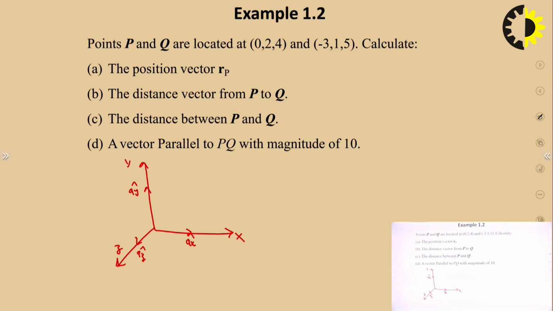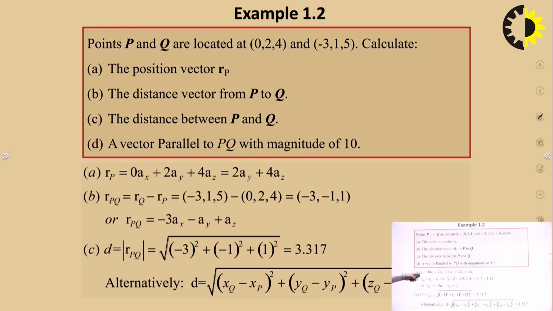So what is the point P in the direction of RP? How do we calculate it? RP is 0 into ax plus 2 into ay plus 4 into az.